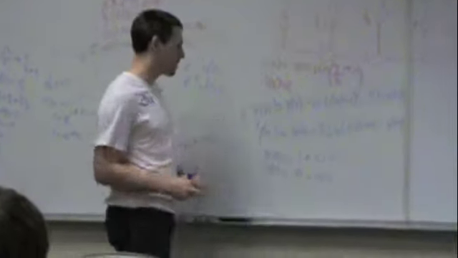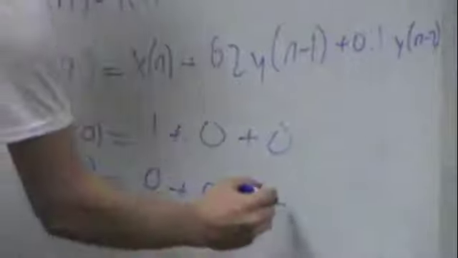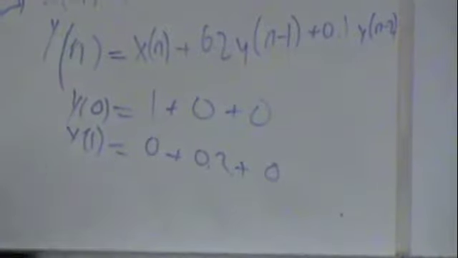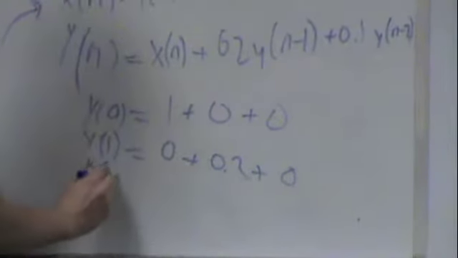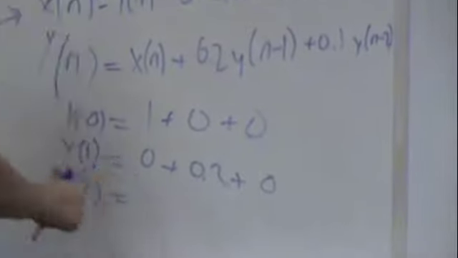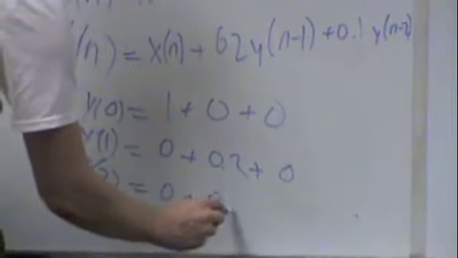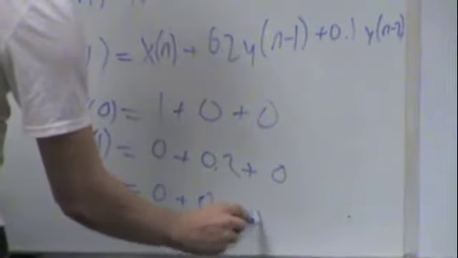Spoiler alert: it won't. I'm only going to do a couple of terms, but it's just going to keep going on and on. So this is going to be plus 0.2, and then we're back at 0. Then y of 2 equals 0 plus 0 plus 0.1.